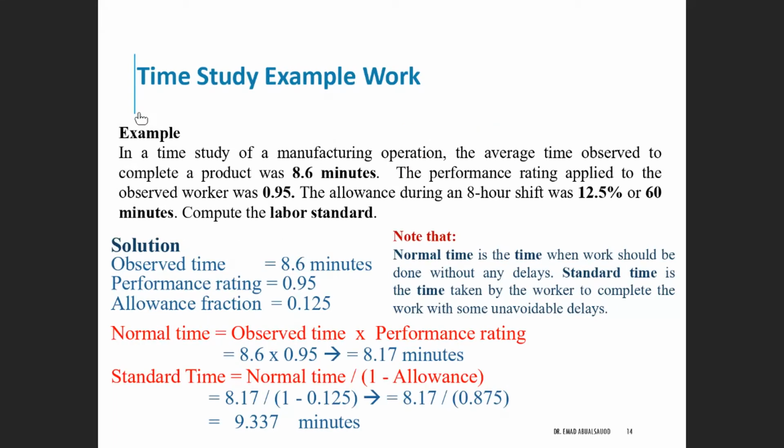Let's take this simple example to show you how we find and calculate the total job time. In a time study of a manufacturing operation, the average time observed to complete a product was 8.6 minutes. The performance rating applied to the observed workers was 0.95.